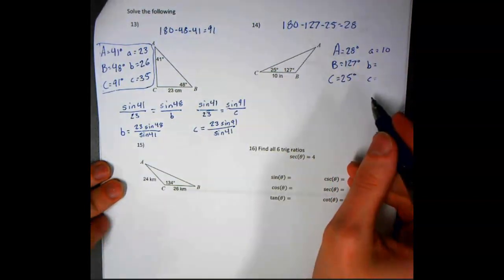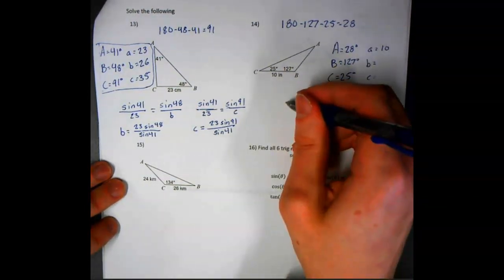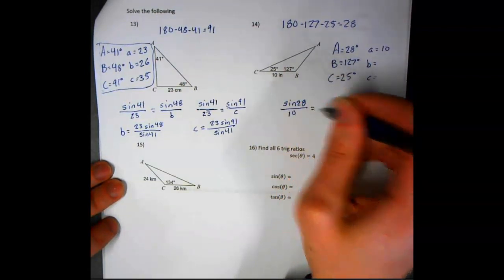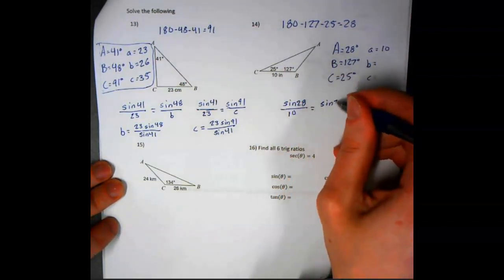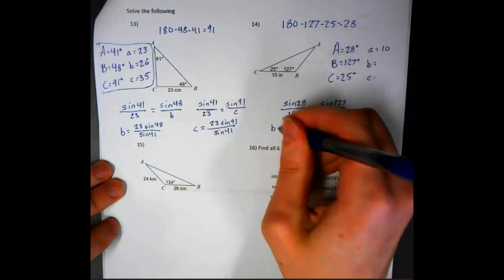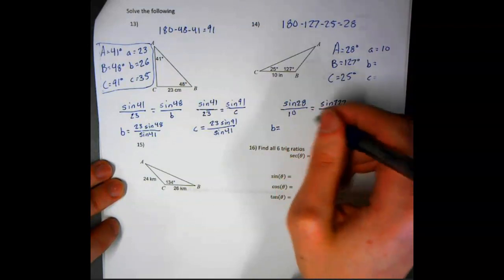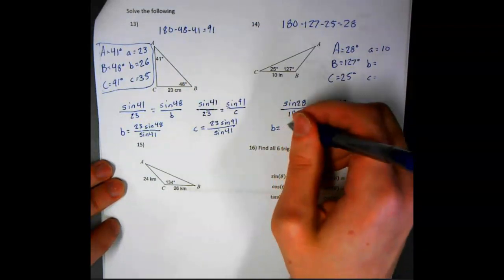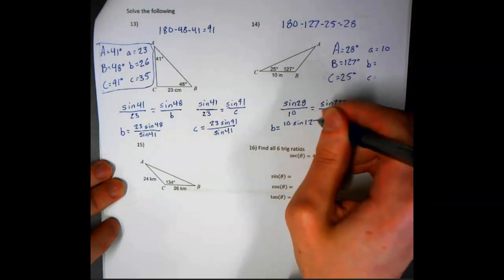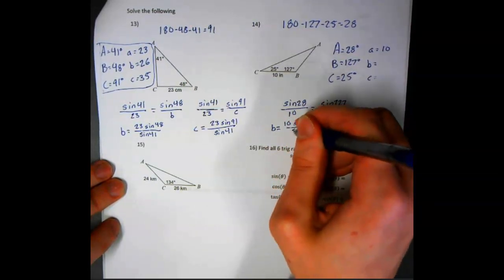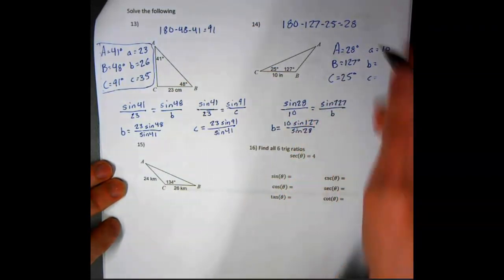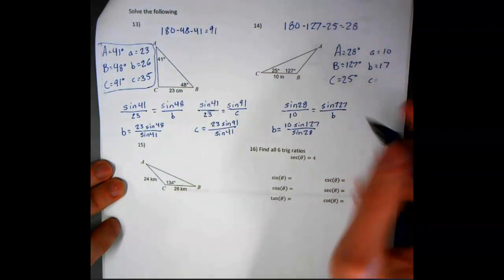Now we can use that law of sines to solve for B and C. Again, cross multiplication, divide by the sine 28, and so we'll have 10 sine 127 over sine 28, and that equals just about 17.